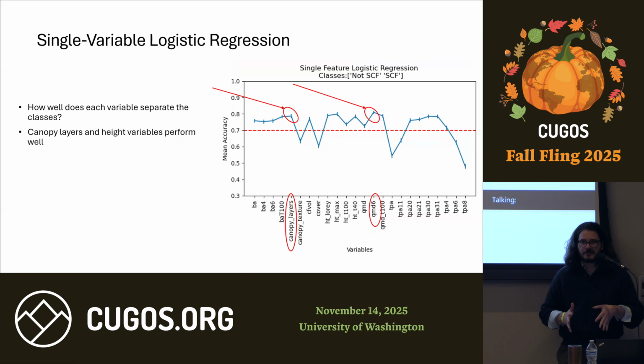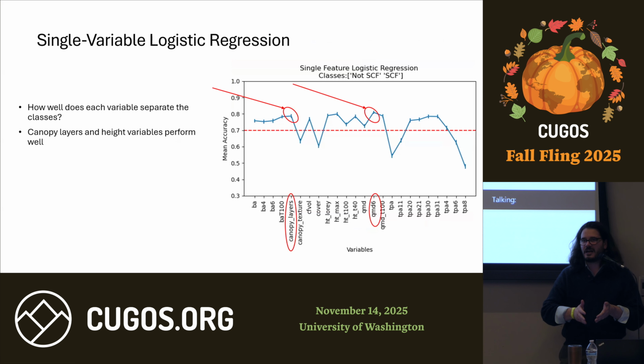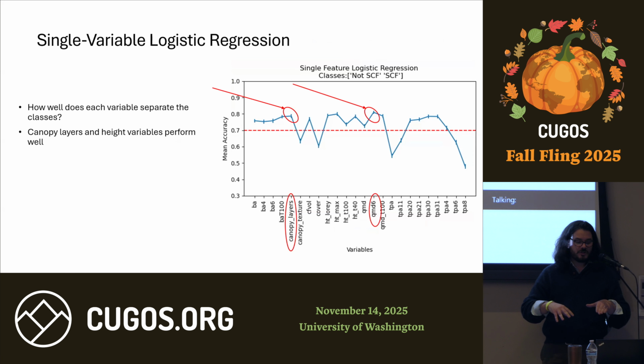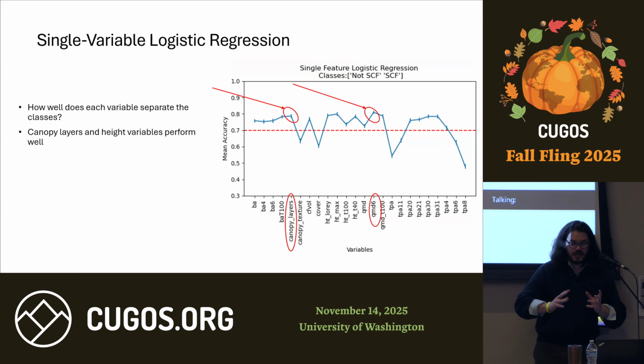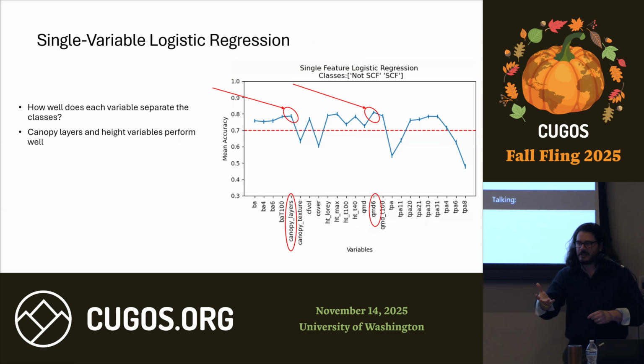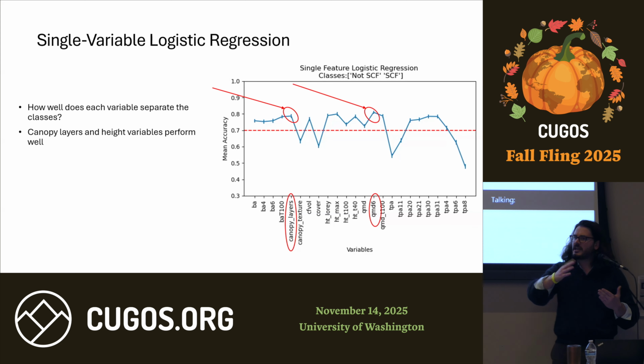So the first thing, going back to how well a variable separates the class of structurally complex or not structurally complex, I'm going to do a single variable logistic regression. I've got my data, it's been pre-processed. I give a single variable to answer the question, is it structurally complex or not? And then I'm showing the mean accuracy here.